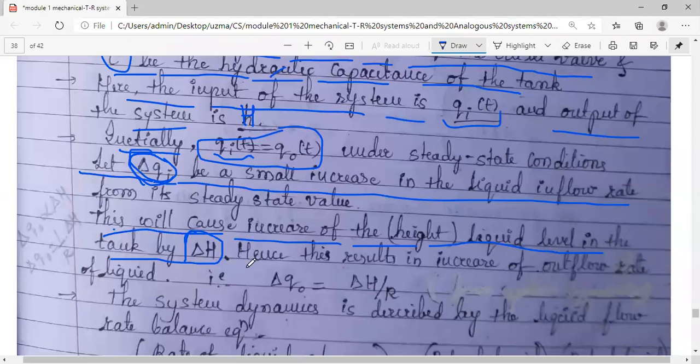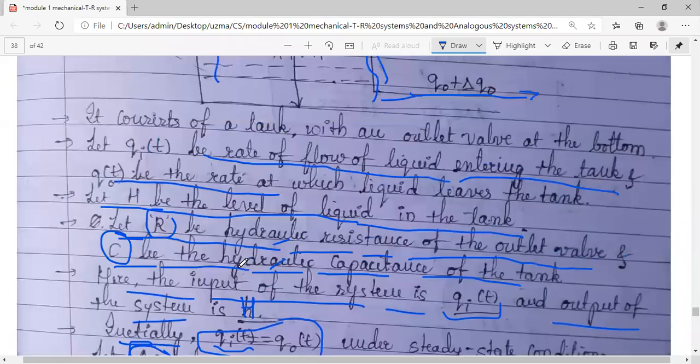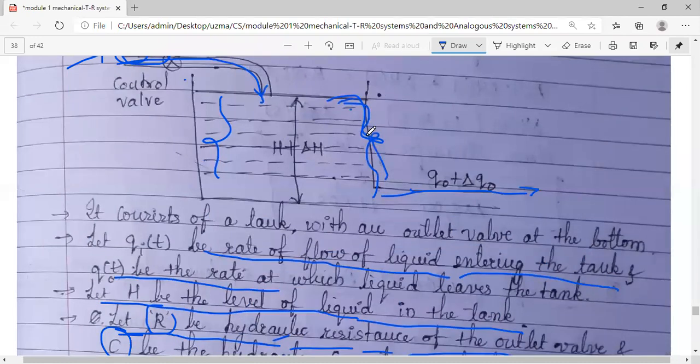So delta Qi indicates the increase in the liquid inflow rate, and delta H indicates the increase in the water level inside the tank. If there is now more water in the tank and the level is changing, then obviously the pressure will be more, and if you look at the structure, the outlet is at the bottom. As the level increases, with the same rush, water will start moving out also.